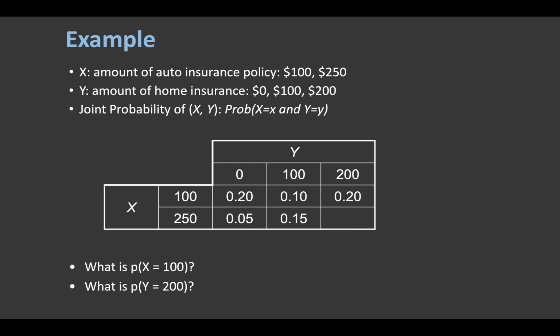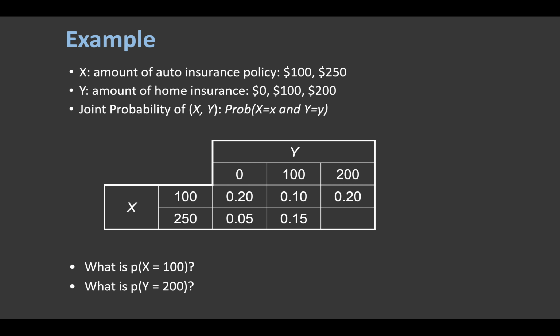There are 3 policies. You can choose 0, so don't buy any policy, maybe 100 or 200. And then the joint probability of X and Y is the probability of capital X equal to lowercase x and capital Y equal to lowercase y.